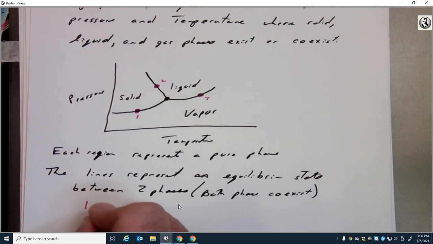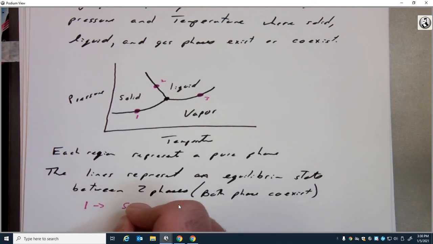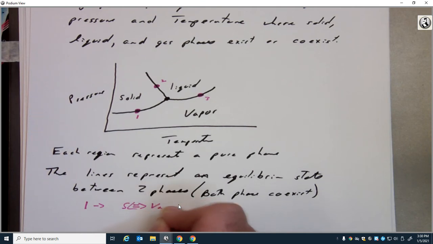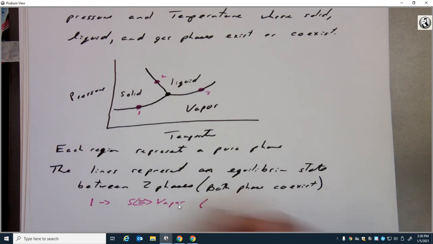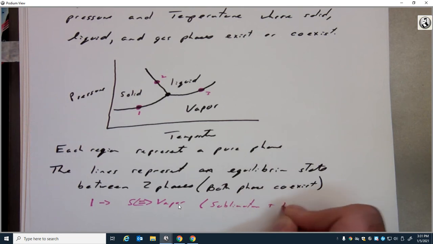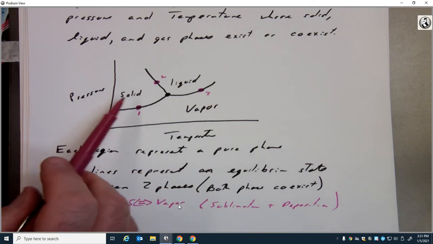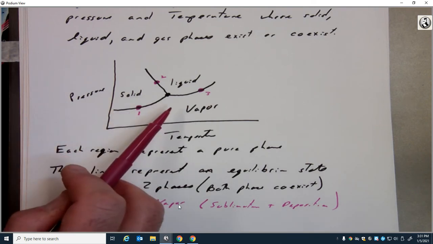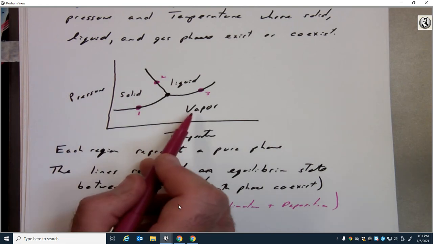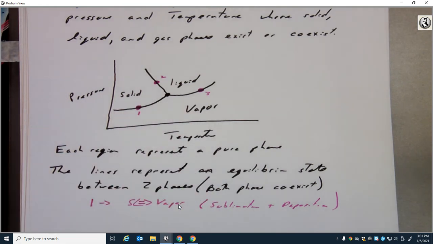So this is the equilibrium between solid and vapor or gas. Well, this is the equilibrium between sublimation and deposition. Remember, sublimation is phase change directly from a solid to a gas. Deposition is directly from a vapor to a solid.